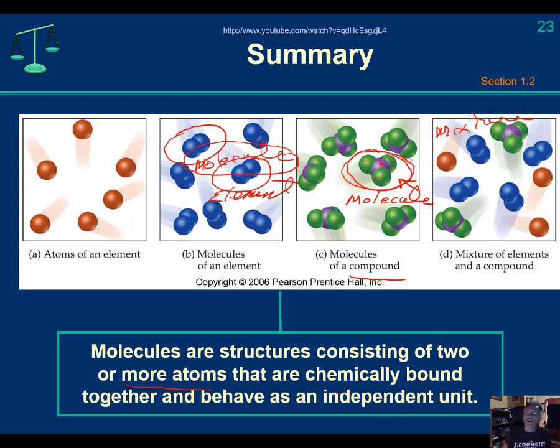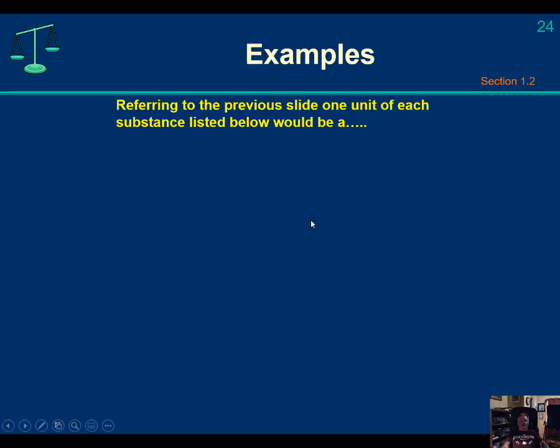So you are a mixture. Everything in nature is really a mixture, and in this case, we've got a mixture of compounds. We've got a mixture of diatomic molecules, and we have a mixture of atoms in this particular space, and that's what this is indicating. So this is a mixture of elements and compounds.